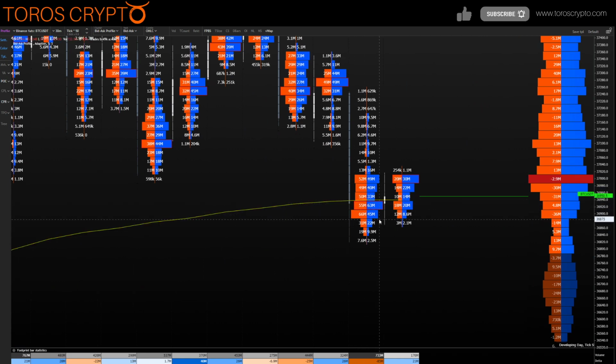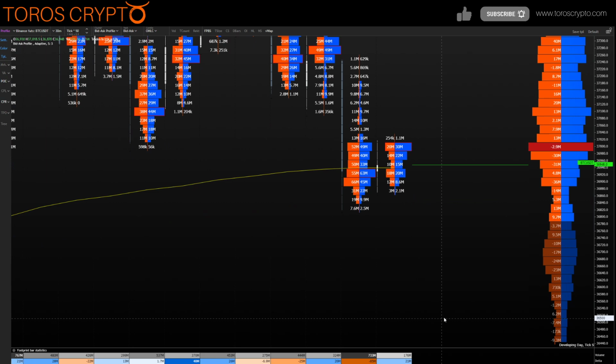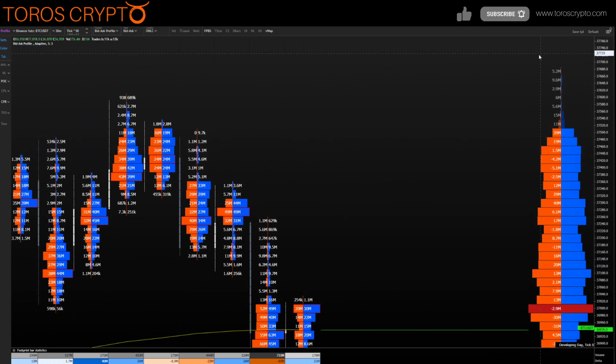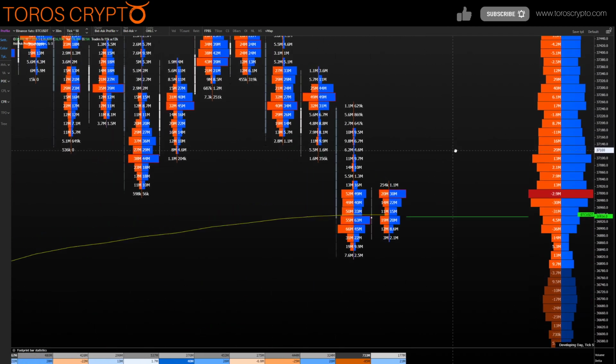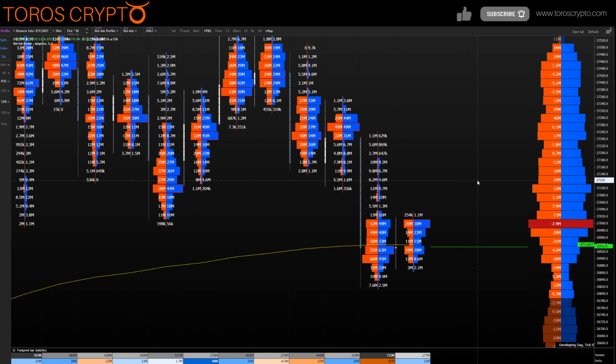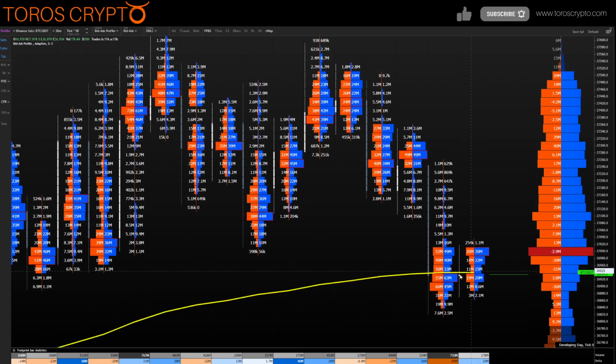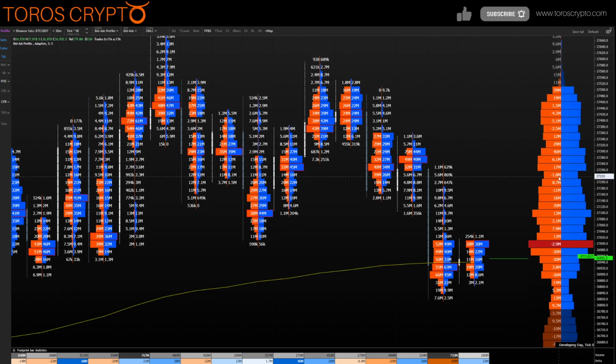In that instance, if we break down, you would say maybe price comes back up, and this would be an area where it would get a rejection. Or it may bounce here, then come back and test the demand, and then start to move higher again. So this is just a very basic way of looking at the volume and the transactions that have taken place within each one of these candles.